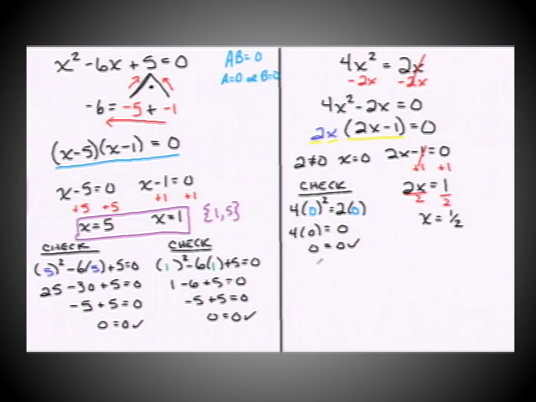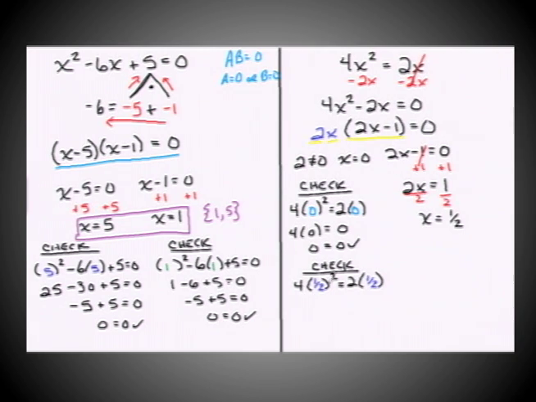And now we're going to check 1/2. So I have 4 times x squared equals 2 times x. And this time I will plug in the potential solution 1/2. Now don't be afraid of the fractional math. We can handle it. We just have to remember our different rules.